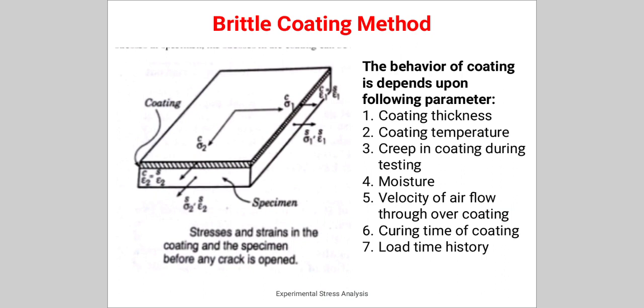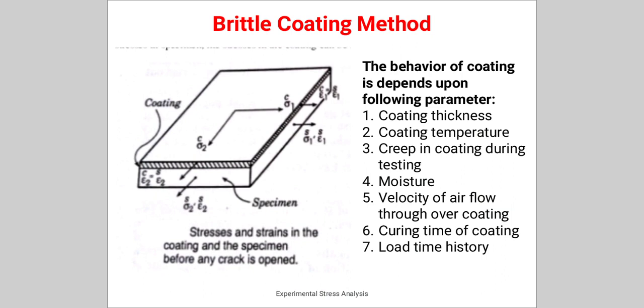Now initially I will explain the basic principle and the construction of the brittle coating method. If you go through the figure, it consists of one specimen, which is also called a test specimen. I have to calculate the stresses induced in that specimen in the direction of x and in the direction of y, meaning I have to calculate the value of sigma 1 and the value of sigma 2.